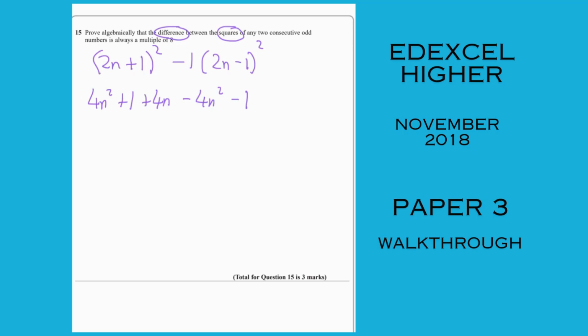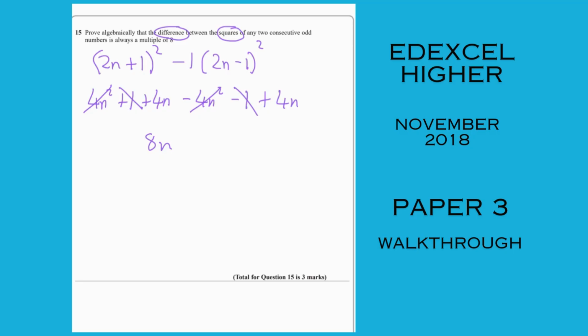Times the two together and double it is minus 4n, but it's times by the minus 1. We get plus 4n. And guess what? Loads of stuff disappears. 4n squared minus 4n, positive 1, negative 1. I end up with 8n.